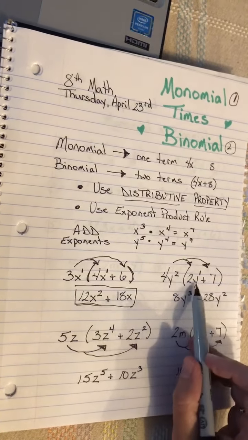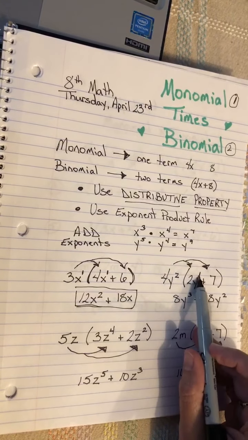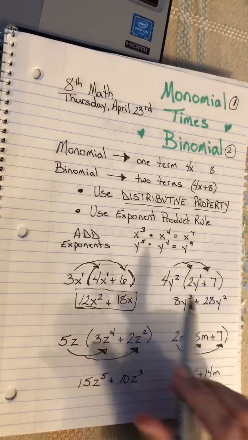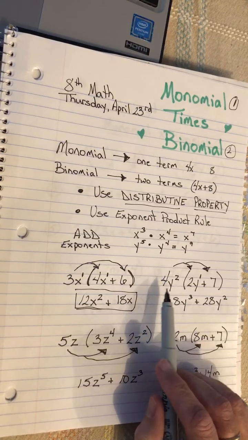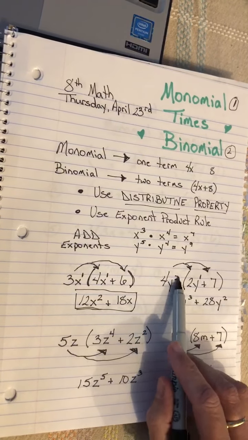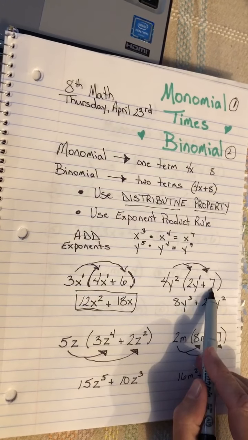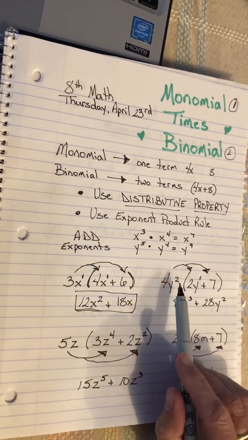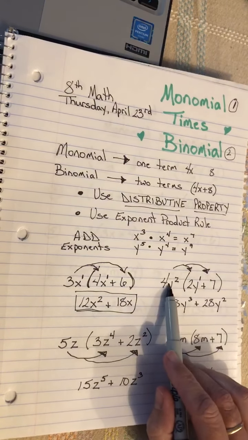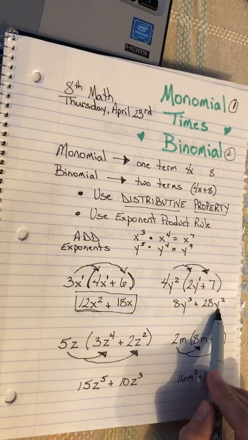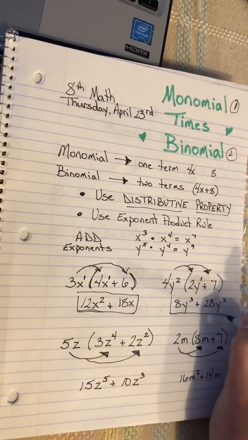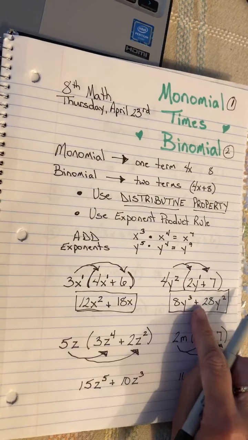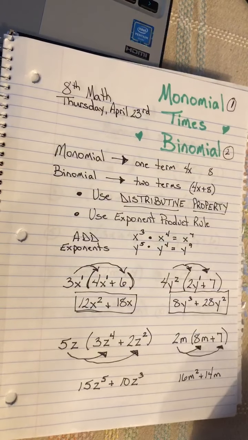Y squared times y to the first, you add the exponents and we get y to the third. Then we finish the distributive property, 4y squared times 7. 4 times 7 is 28. Since there is no variable, we bring the y squared down. So our answer is 8y to the third plus 28y squared.